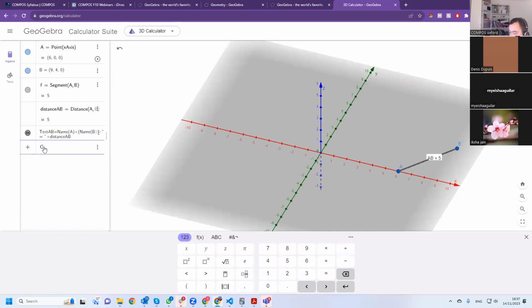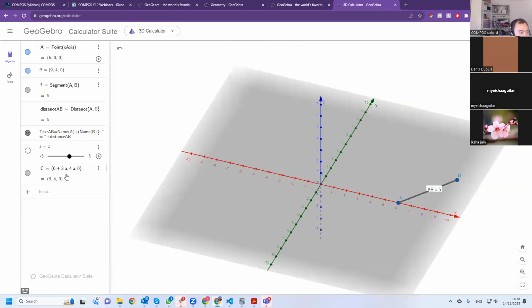C is equal to (6, 0), and then we can have 6 plus 3a and 4a, and we can change a.